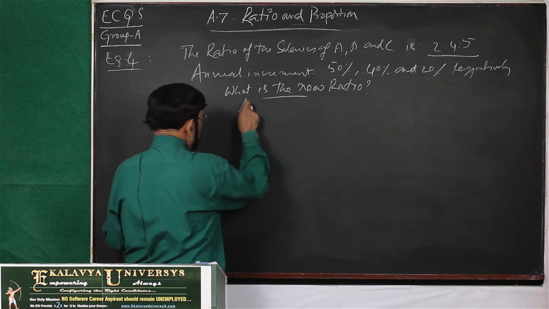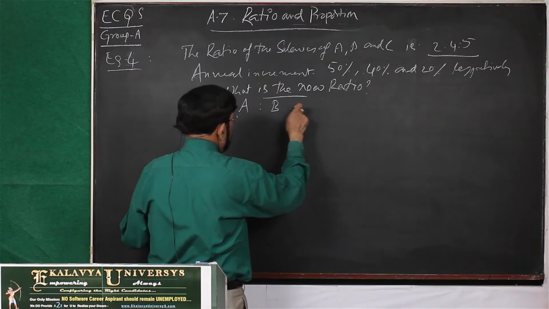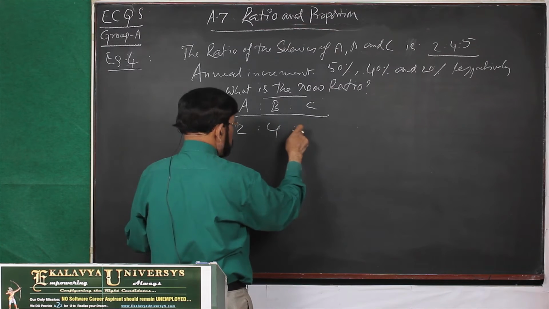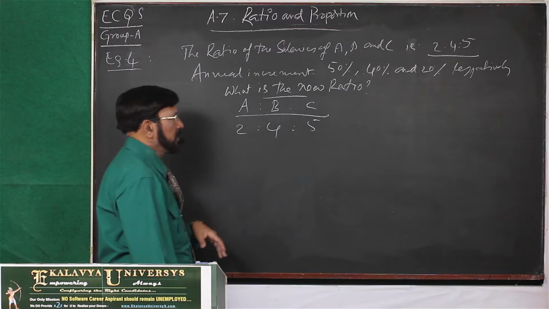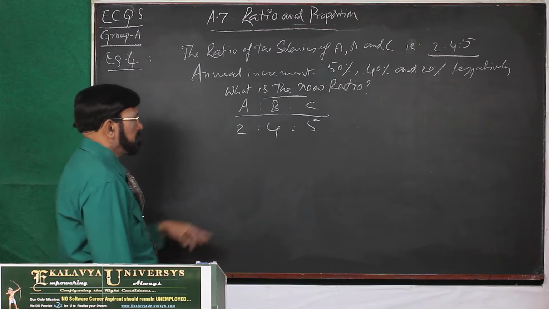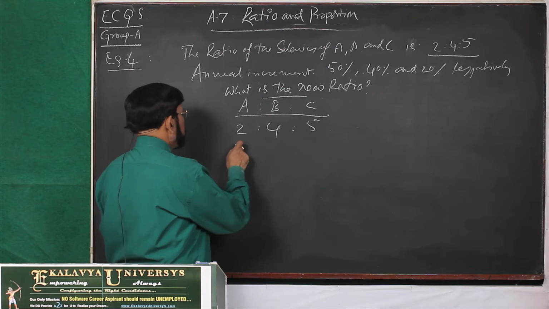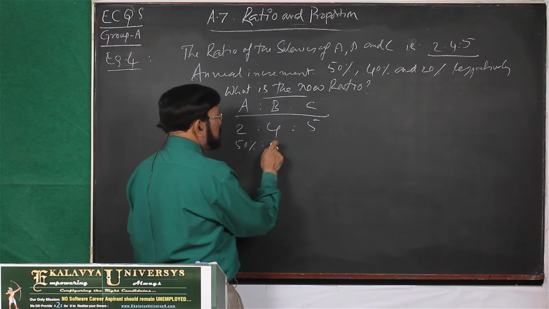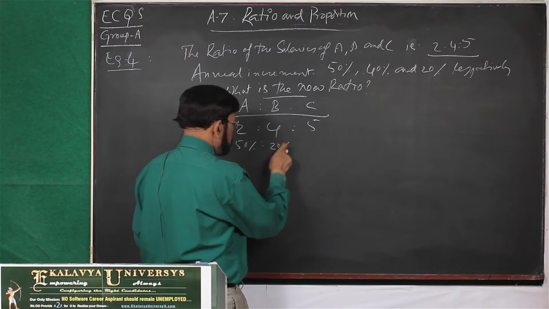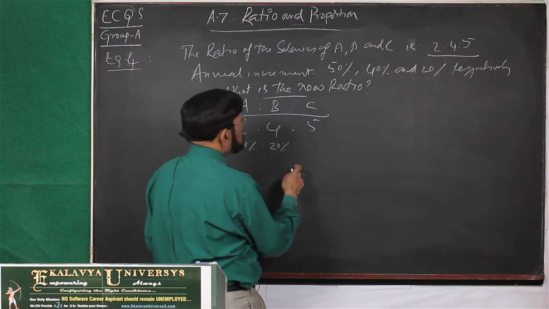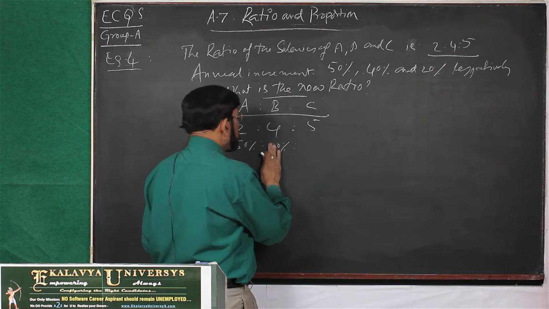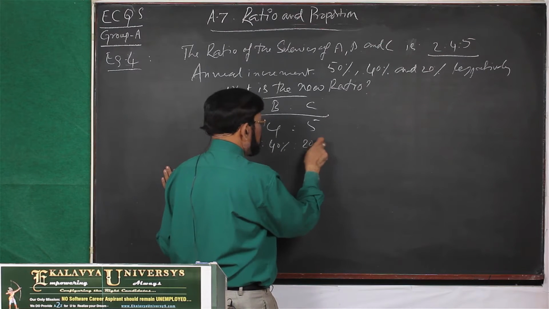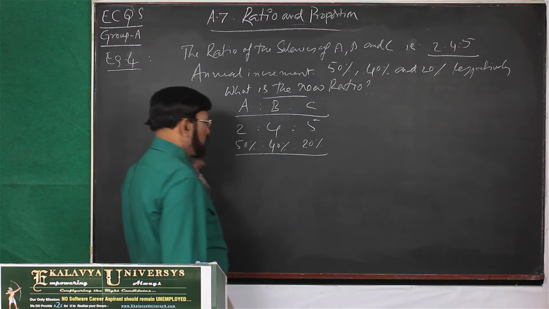So original A, B, C is 2:4:5. Then how are those incremented? A salary is incremented by 50%, B salary is incremented by 40%, and C salary is incremented by 20%.